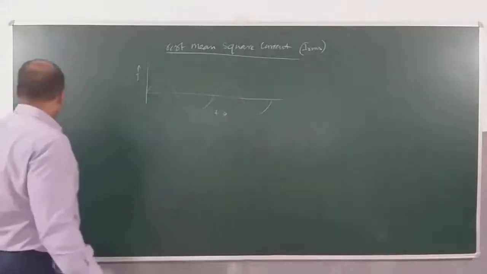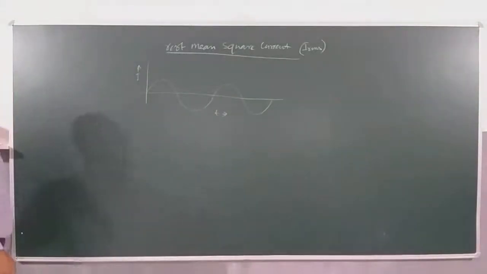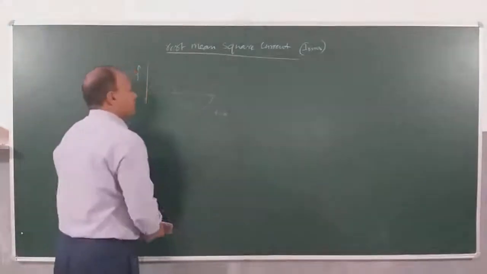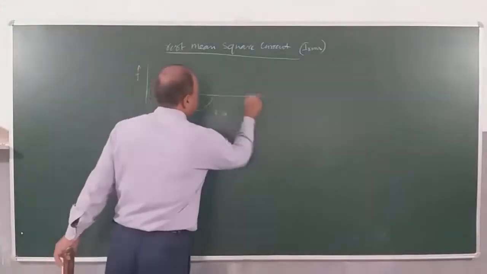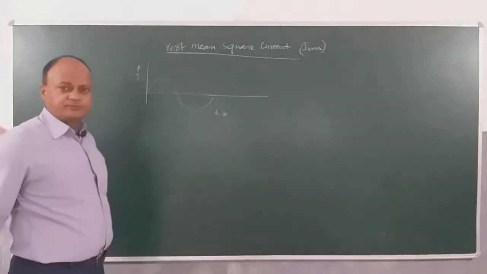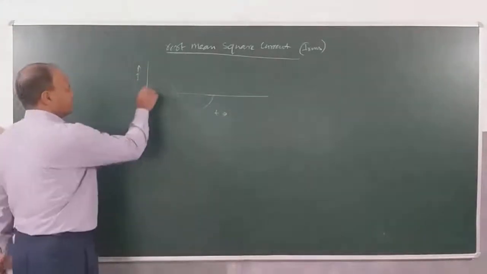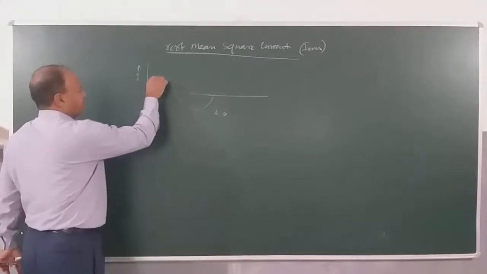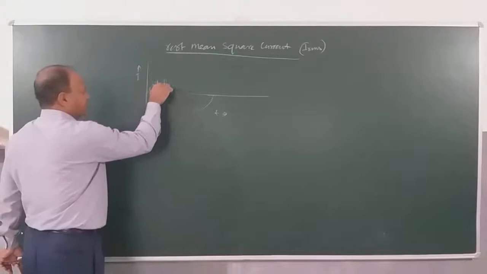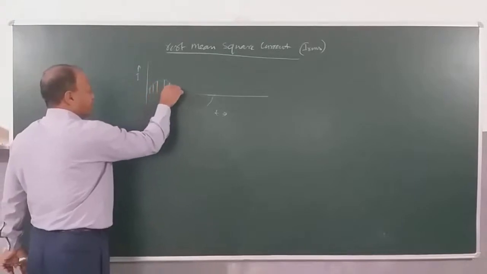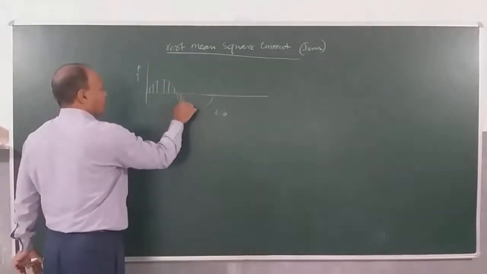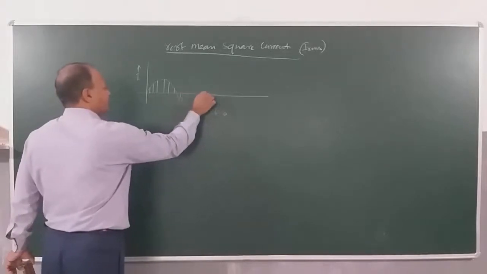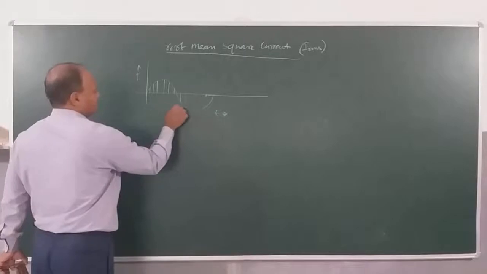Clear? Now you see, suppose I want to calculate n values of this current. Suppose I take this value as I1, this value as I2, this value as I3, this value as I4, I5, I6, I7, I go on taking, and the last value I take is In, suppose.